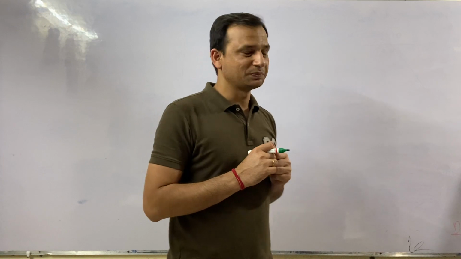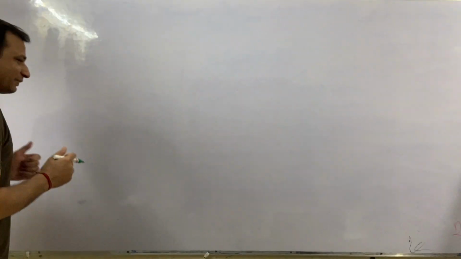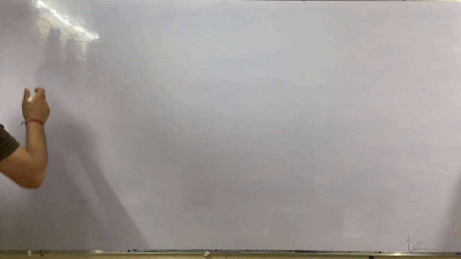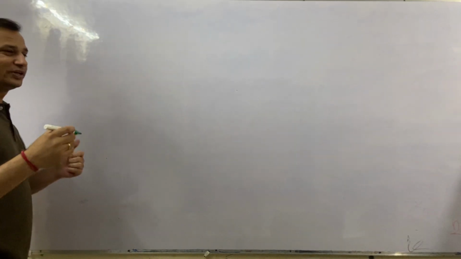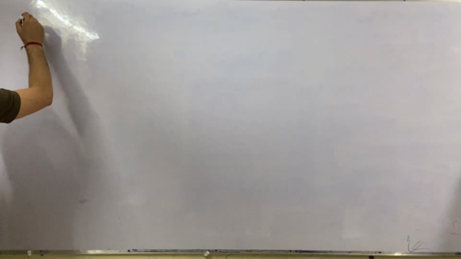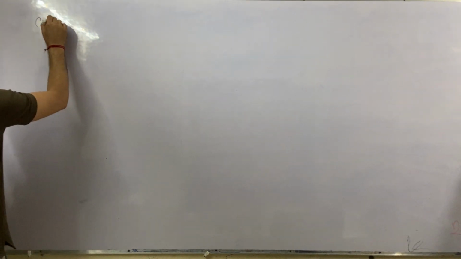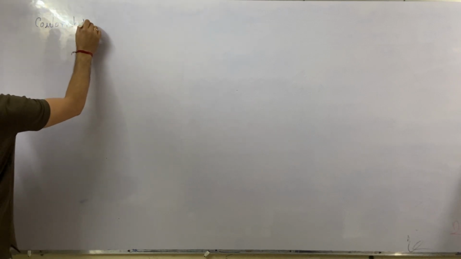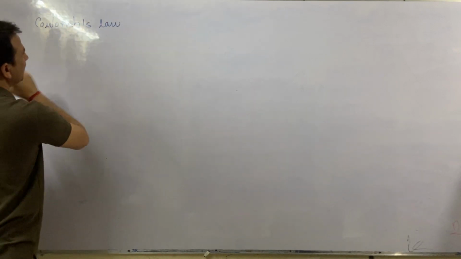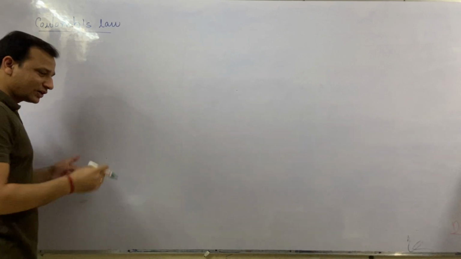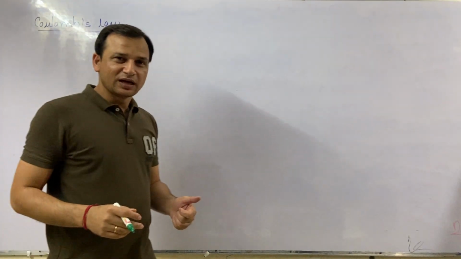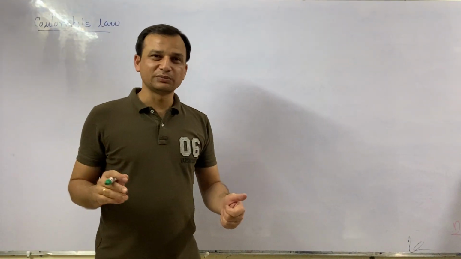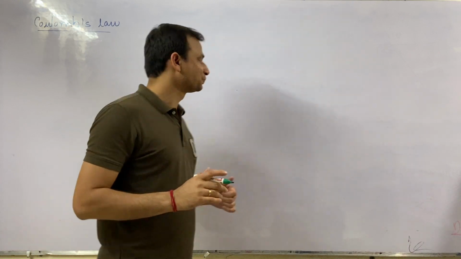What would be the magnitude of force and what would be the direction of force, we are going to see in this question. To begin, as I'm doing in all the videos, I'm writing Coulomb's law because we are going to use this formula. I'm intentionally writing this so that after watching it 2 to 3 times, you remember it by heart.